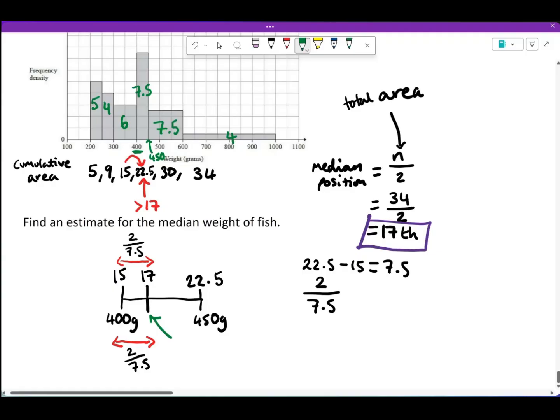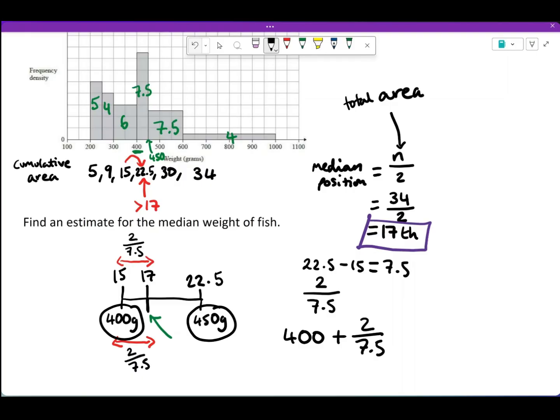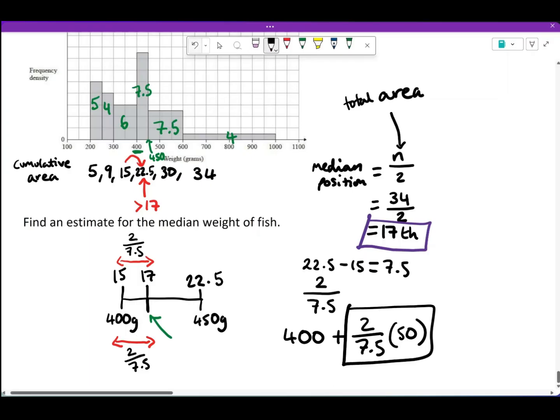Now in order to do that, I'm going to take the lowest value in my class, so the 400, and I'm going to add on 2 over 7.5 lots of the difference between the 400 grams and the 450 grams, which is essentially the length of my class in grams. Okay, so the difference between 400 and 450 is 50, so I'm going to multiply by 50, because this calculation here is going to work out specifically how many grams are represented by this red arrow, and then we're going to add that onto 400 to get my estimate of the median. So let's put it in the calculator, and we get 413.3 grams, and that would be my estimate for my median.